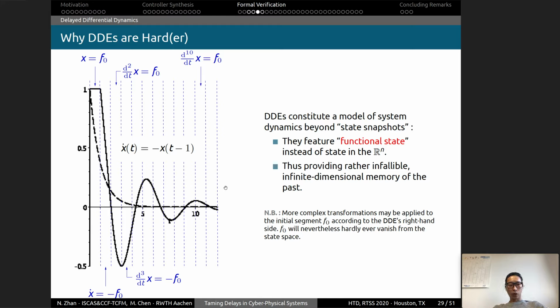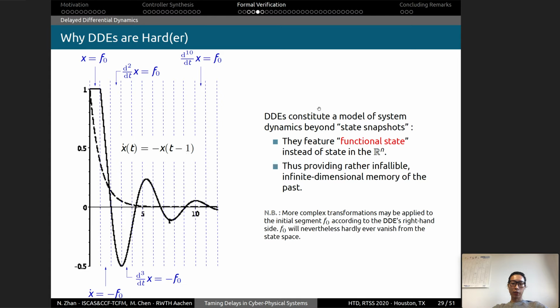By this slide, I'd like to argue why DDEs are harder than ordinary differential equations. This is fundamentally because in an ODE, the evolution of the solution is actually a propagation of some state snapshots. Starting from a single point, a single state in the state space, you already have the entire solution. However, in delay differential equations, you can see the solution is sliced into different fragments, and the length of every fragment is the length of the delay.